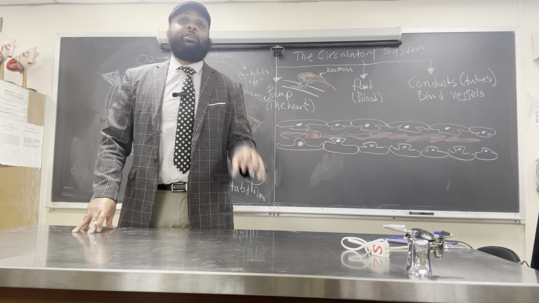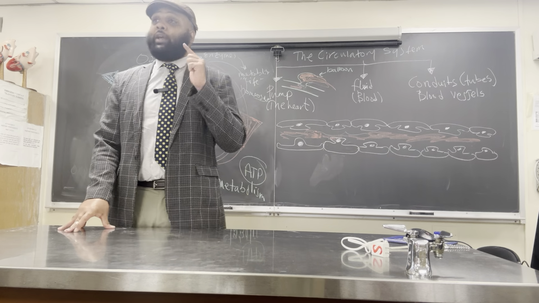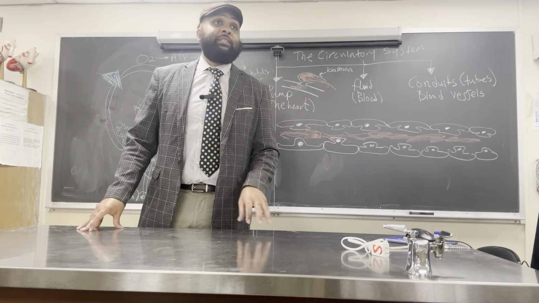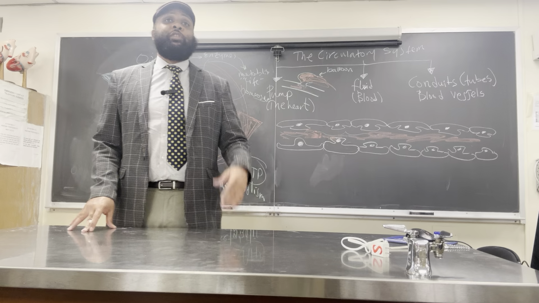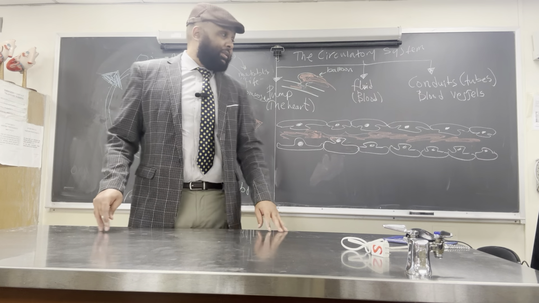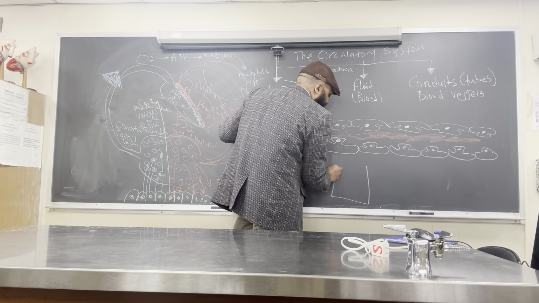Who is the detector that is always constantly monitoring and reporting to the integration center, to your brain stem, that there is a problem with the blood pressure, there is a problem with the oxygen? Your brainstem is the integration processing center.